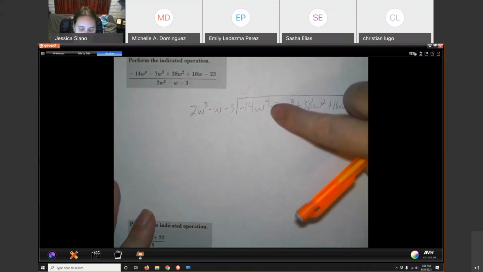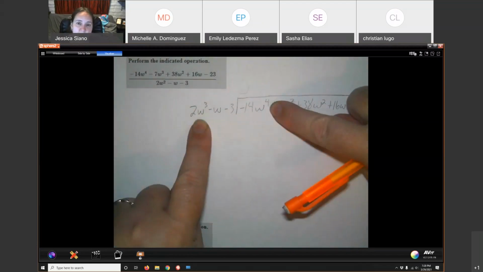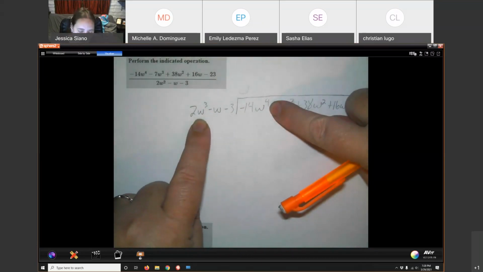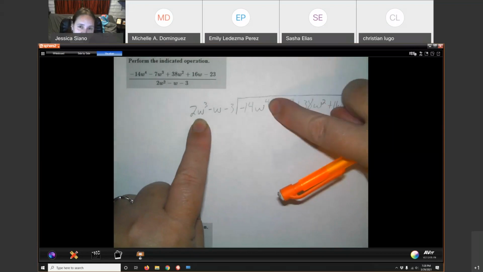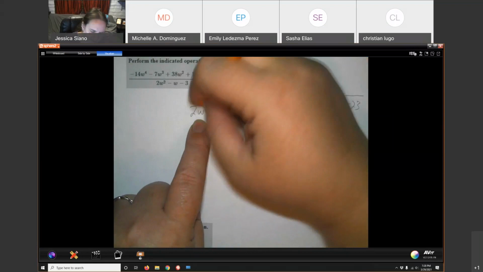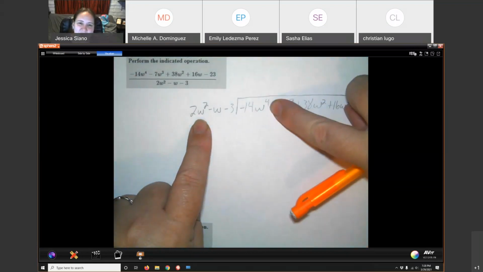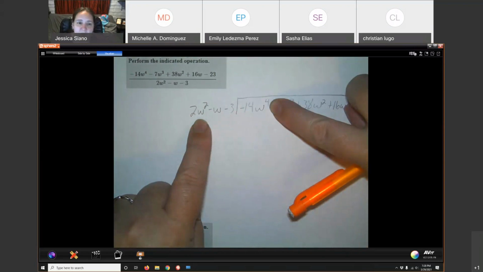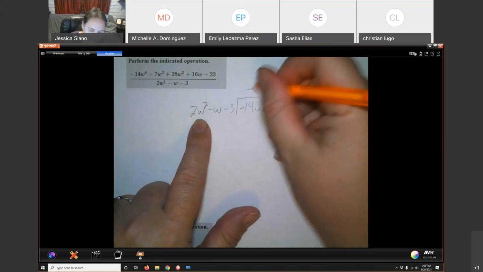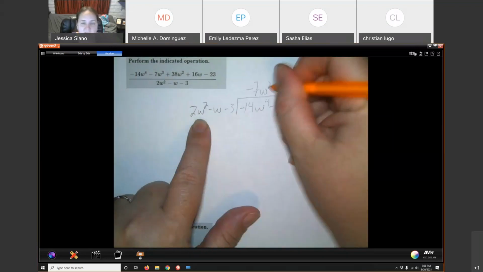Start by dividing our leading terms. Negative 14w to the fourth divided by 2w squared. I copied that down wrong. Negative 14w to the fourth divided by 2w squared is going to be negative 7w squared.